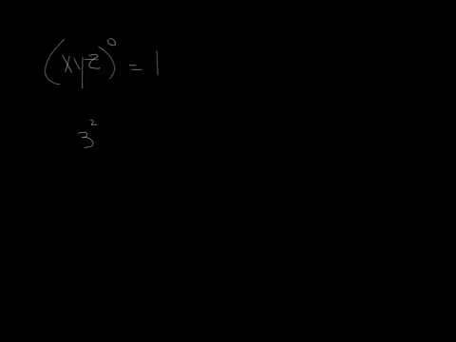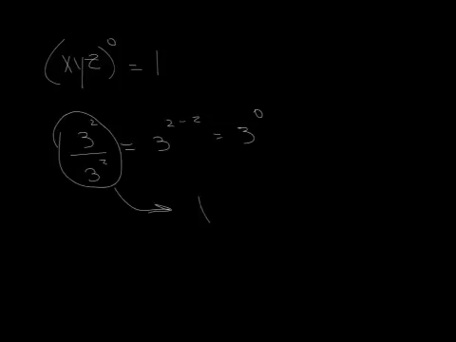Let's say we have 3 squared over 3 squared. What does that mean? That means numerator minus denominator equals 3 to the 2 minus 2 is 0. Alright, what is any number over itself? Any number over itself is 1. So therefore, it's equal to 3 to the 0 power and 1, and if that's the case, those two are equal. So that's where it comes from.